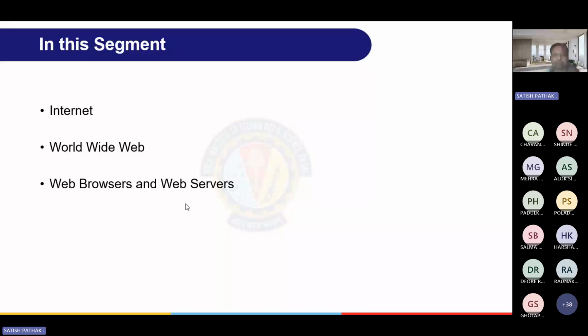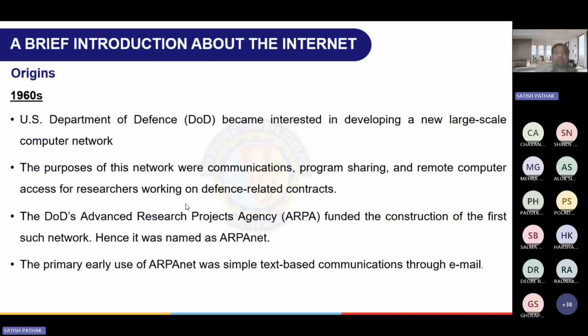If not in depth, that's okay; outer knowledge is enough, because our main focus is learning these skills: HTML, CSS, JavaScript, and XML also, which is very important, and PHP.